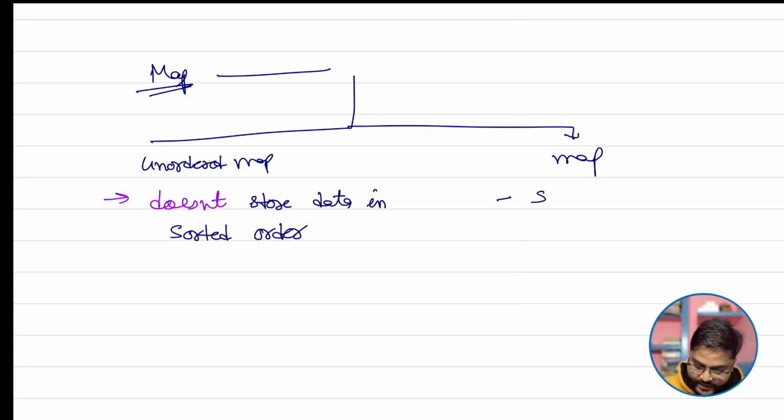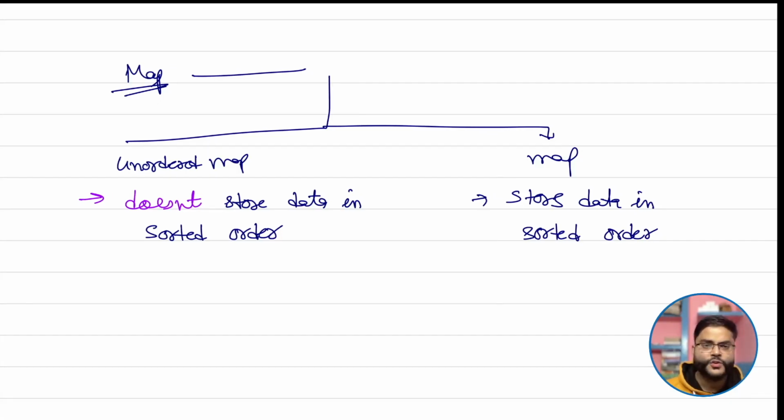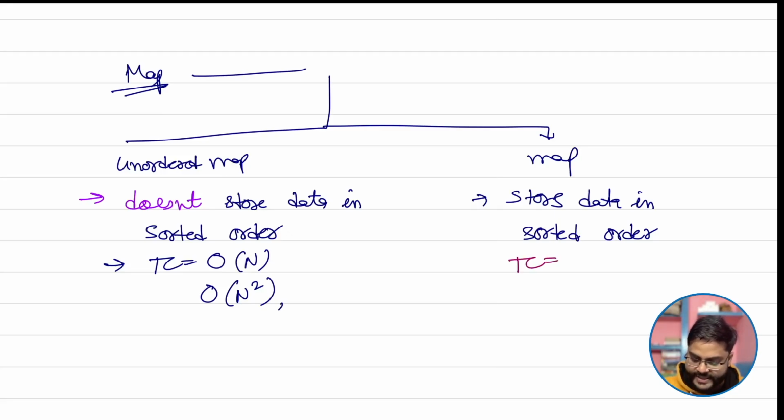Map stores data in sorted order. And what is the time complexity of unordered map? It is order of n for most of the cases, but in the worst case it can go up to order of n square, when a lot of collisions are there. And in case of ordered map, the time complexity is order of n log n for each case, because sorting is maintained every time.